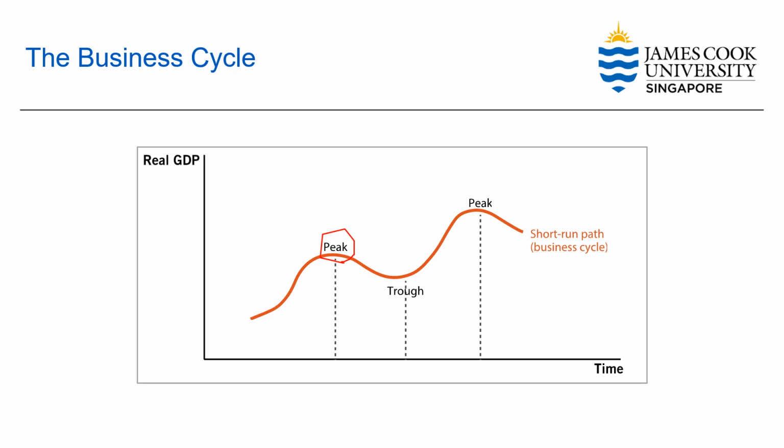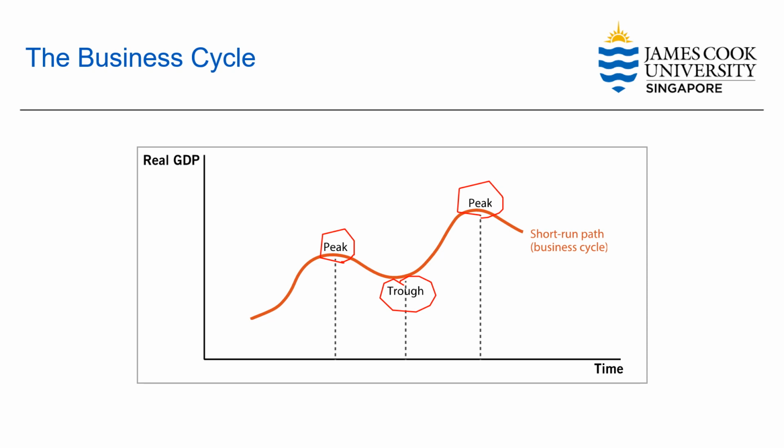We call that point a peak. This is another peak. And then we find another point, for example, here at the bottom of this curve, meaning the real GDP is at its bottom, which we call a trough.